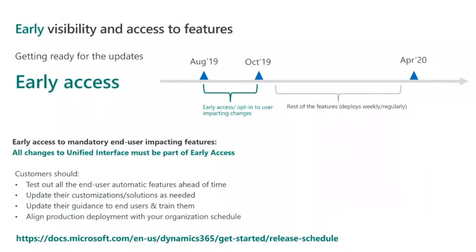We also want to provide you early access to user impacting changes. What I mean by user impacting changes are the mandatory changes that will impact user experience. For example, if I look at the upcoming 2019 Wave 2 mandatory end user changes, these are the form header density changes, timeline changes, or grid enhancements.